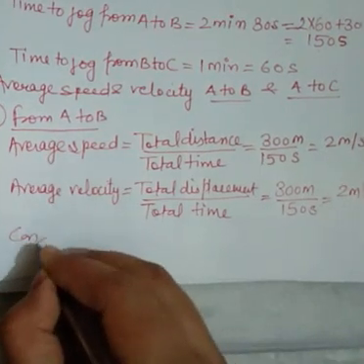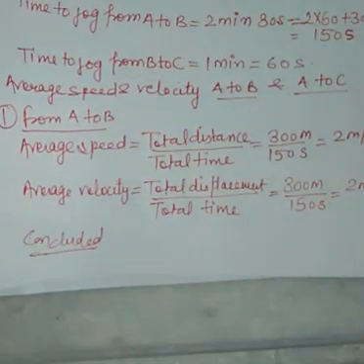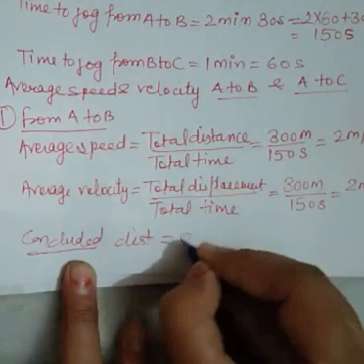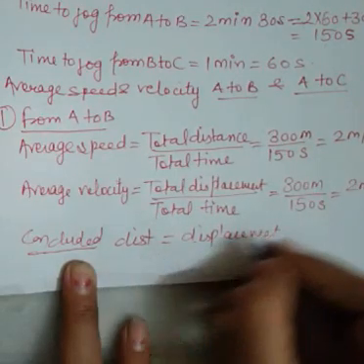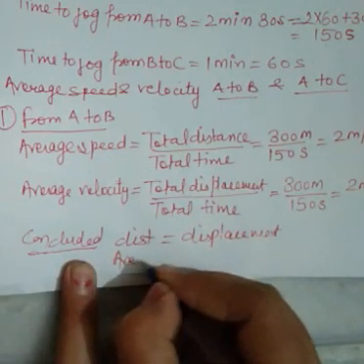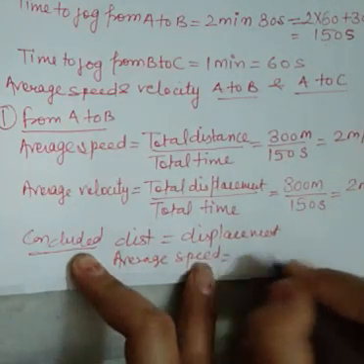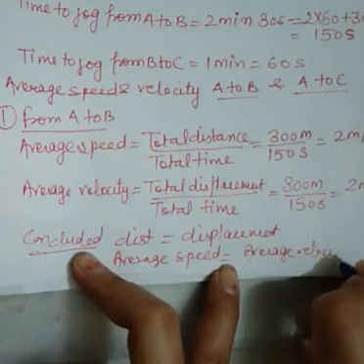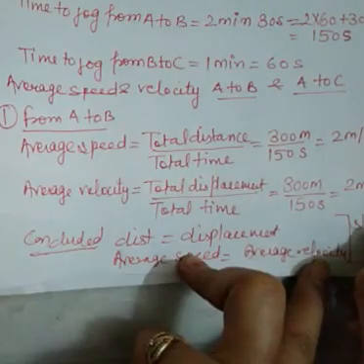Have you concluded something? Whenever a person goes in a straight line path, distance is equal to displacement and average speed is equal to average velocity, but it is always in a straight line path.